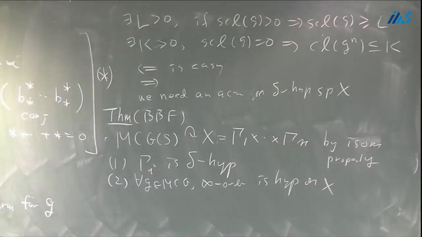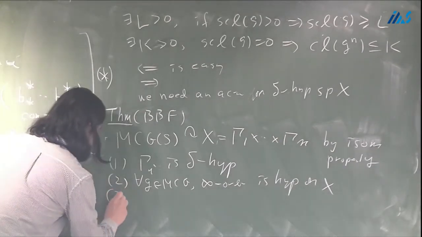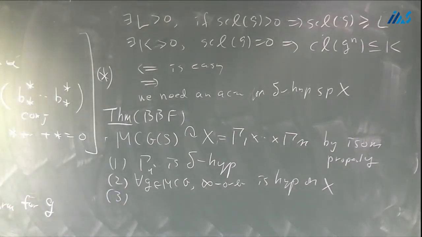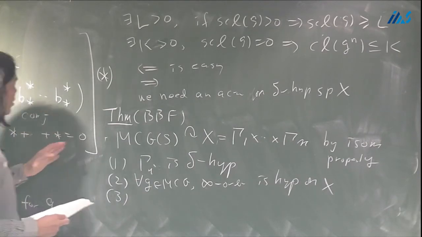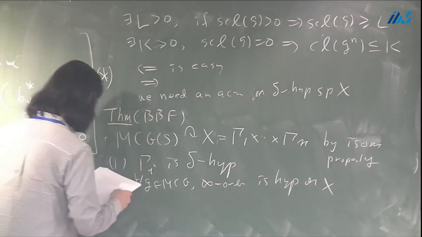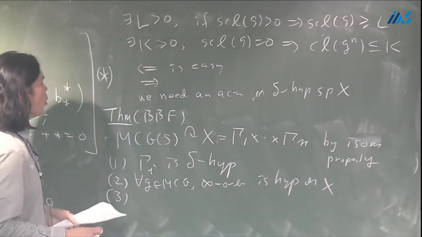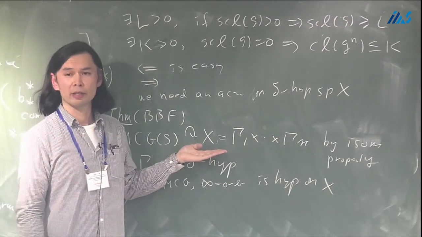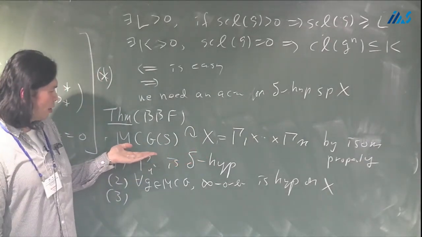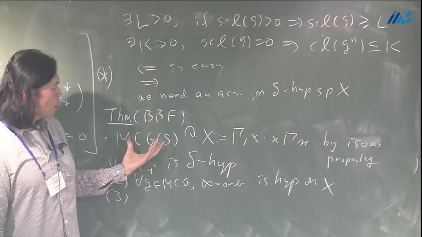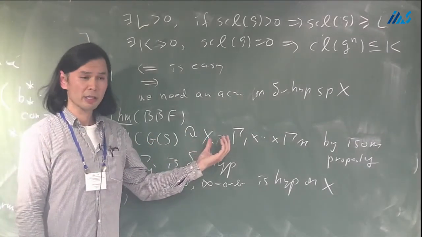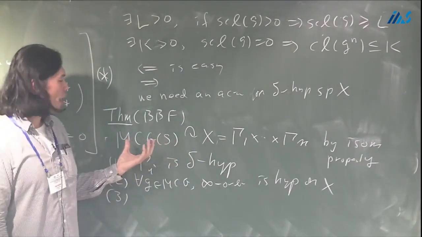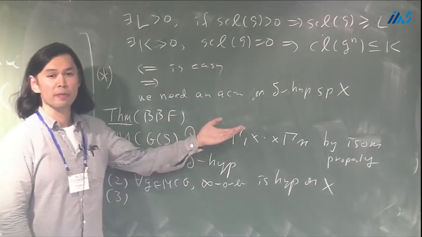And this is more or less enough to prove the theorem, but I just state one more property which was important for that paper. Although this action is not co-compact, so it's not true that the mapping class group is quasi-isometric to this product space X, however it is quasi-isometric to its image.